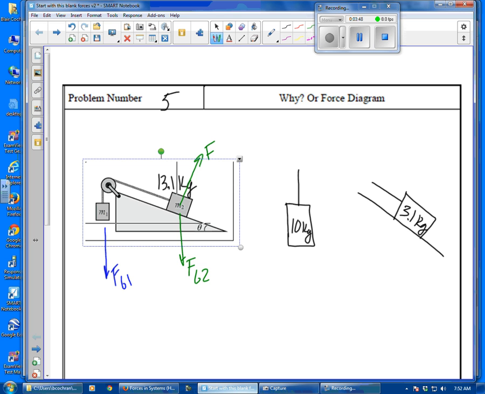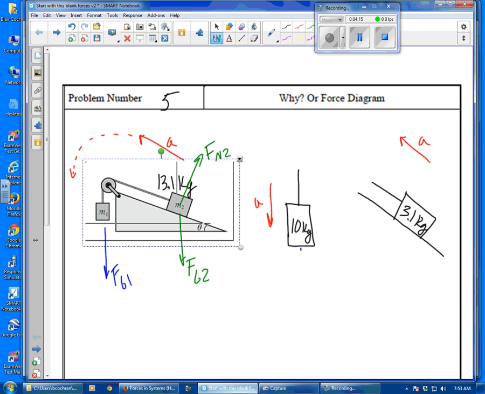We have the normal force of 2 on this, and then we have an acceleration in that direction, which I'm going to show is also curved that way. So here, that acceleration would be downwards. Here, it's in the same direction, it just points differently.